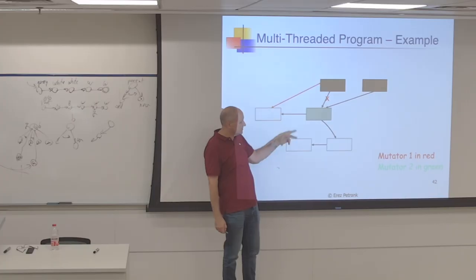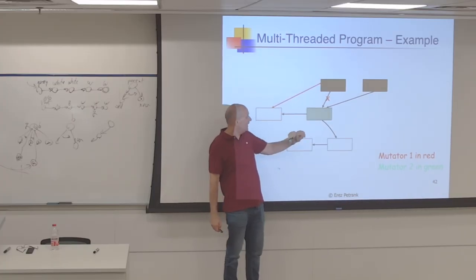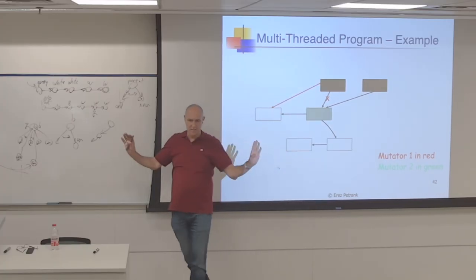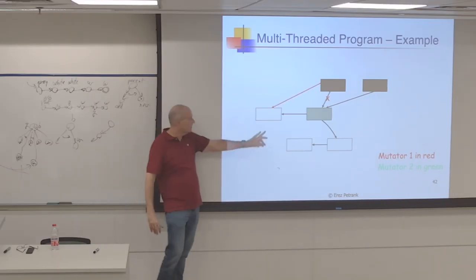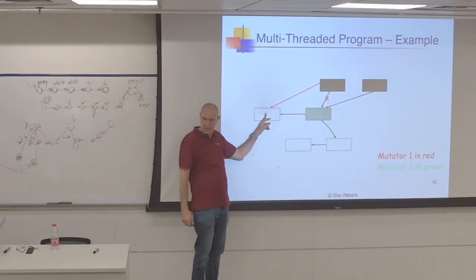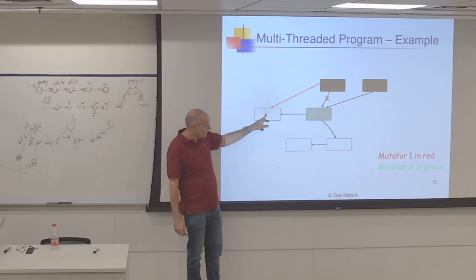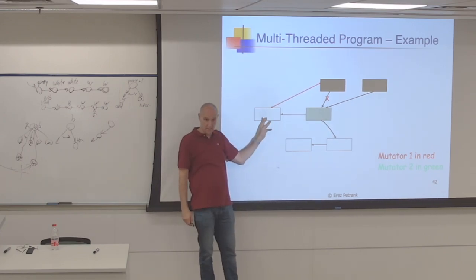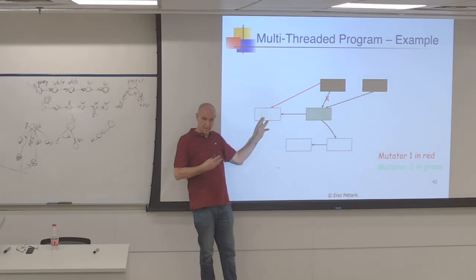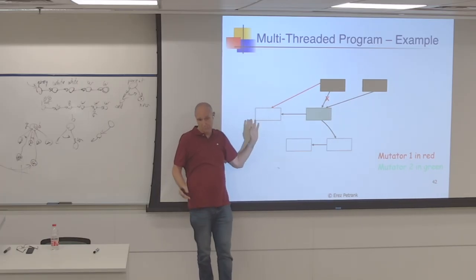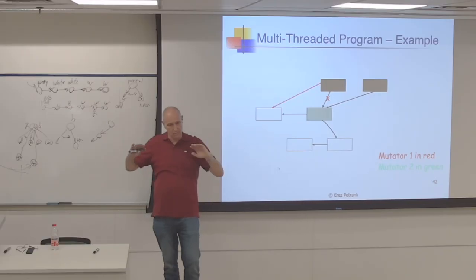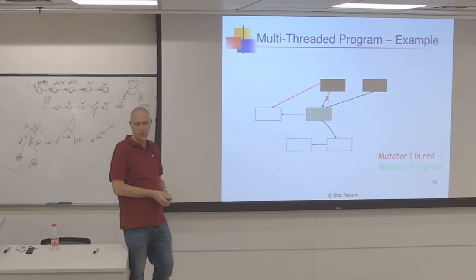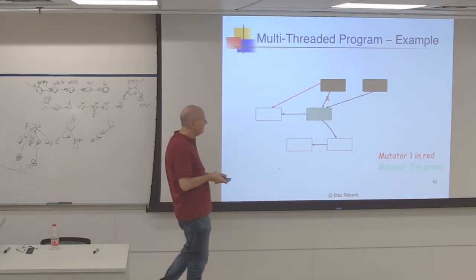So here it is. This is the red mutator, and the red mutator now doesn't get any more CPU time, so it cannot make this gray. But I know that I have a propagation path to this guy, so I'm safe because it goes out of the CPU. Other things happen. It's just not executing.